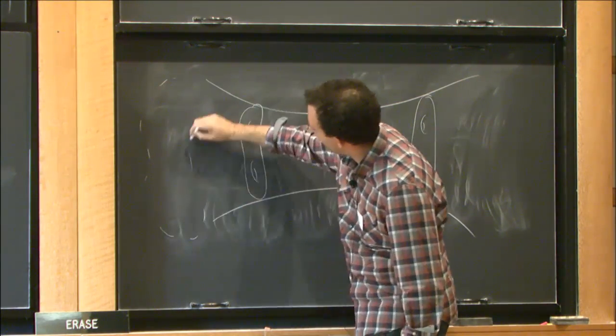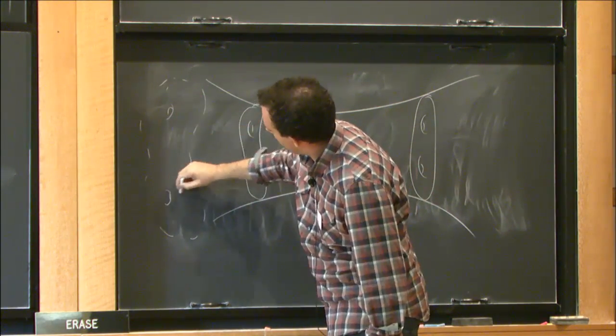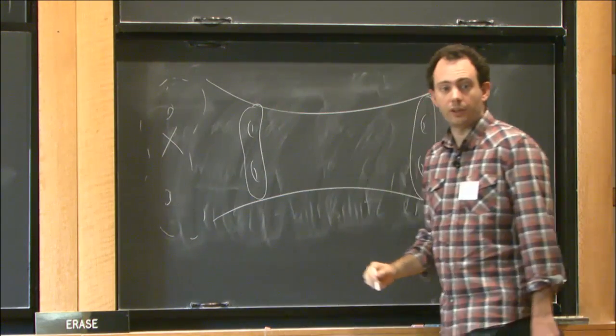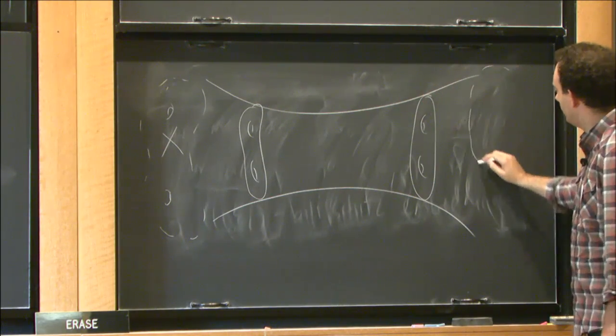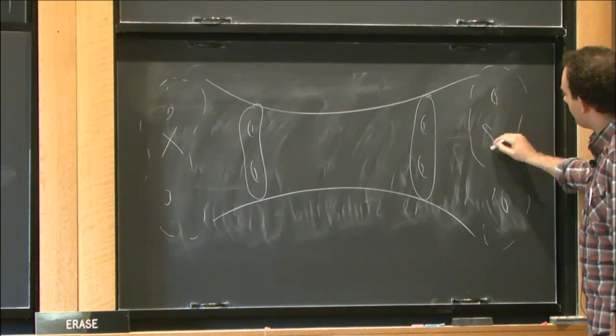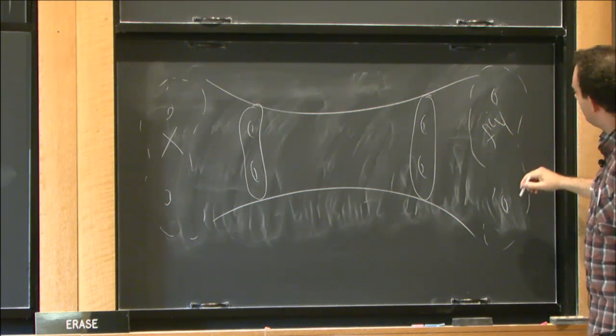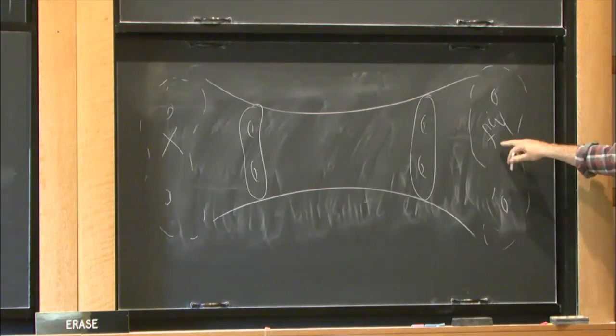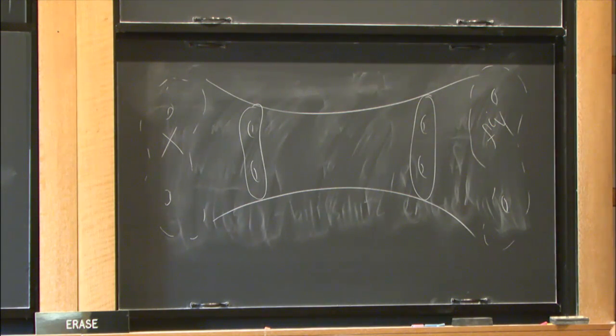Out at infinity here, I have this fixed point in the Teichmuller space of the surface, and out at infinity here, I'm iterating, taking an orbit of f as my parameterization.